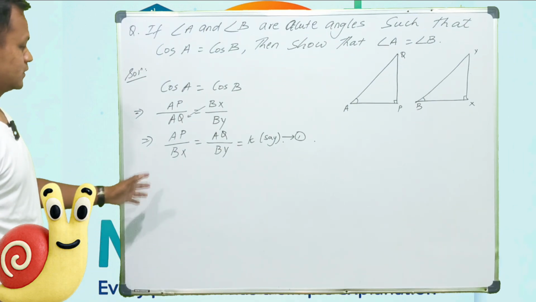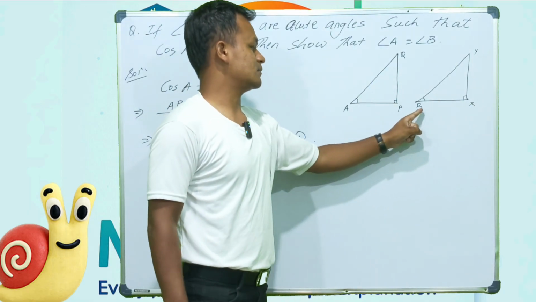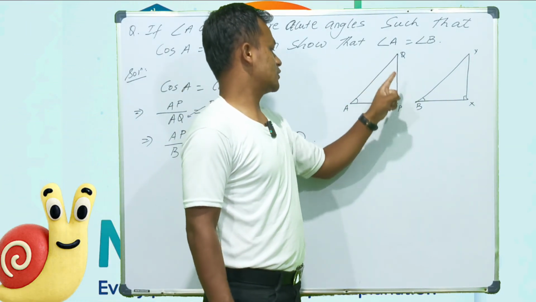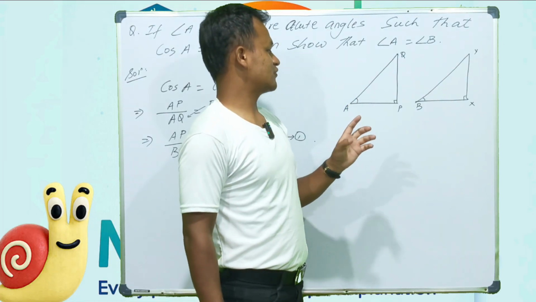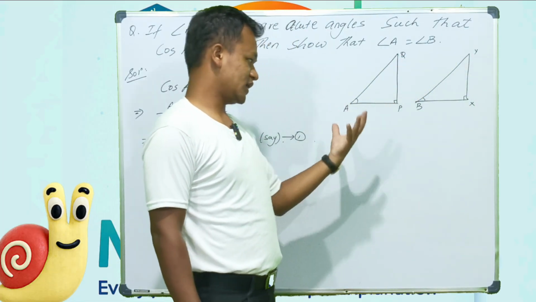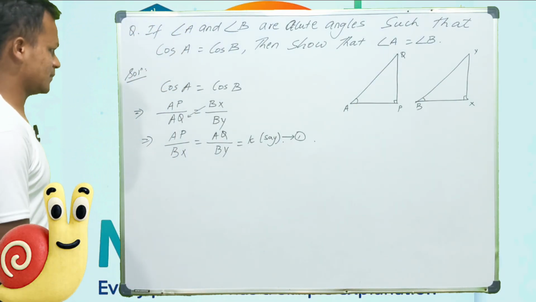So now, as we can see here that AP by BX is equal to AQ by BY, let us try to find out what will be the value of PQ by XY. If they are equal, maybe we can draw a conclusion from that part.